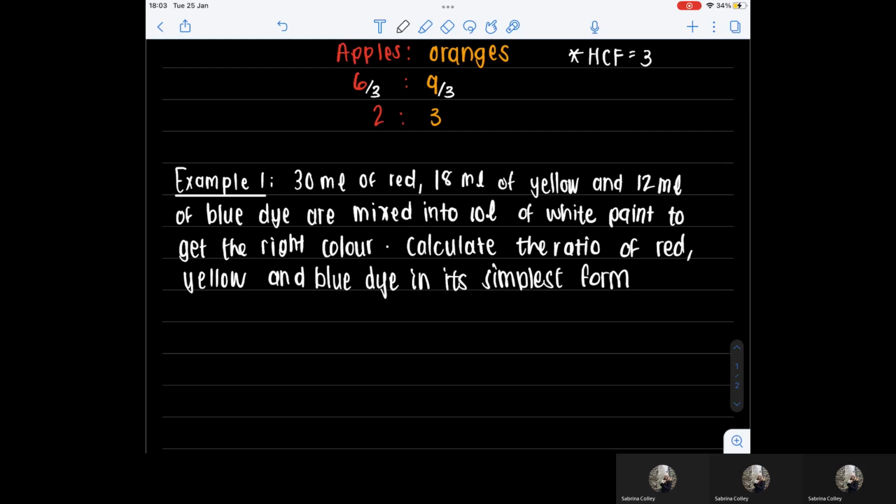Okay. All right. So the first thing I do is I always tell the person reading my work what I'm comparing. So I don't just automatically go into numbers. I first have to tell them what am I comparing. Okay. I'm comparing red to yellow to blue. All right. Okay.